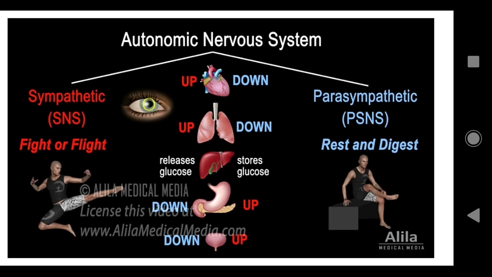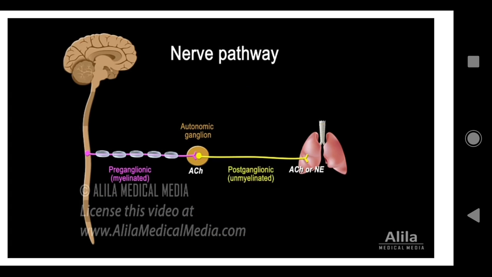Heartbeat: sympathetic increases it, parasympathetic decreases it. The same with the function of the lungs, the liver, digestive system, excretory system, all the systems: one is increasing, one is decreasing.